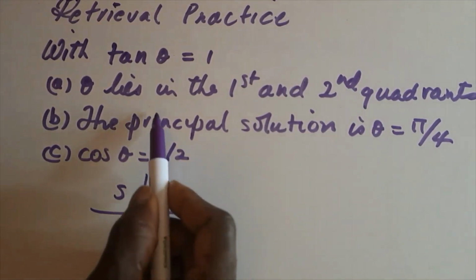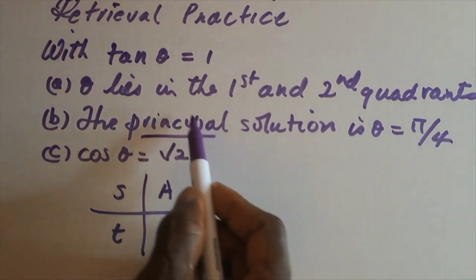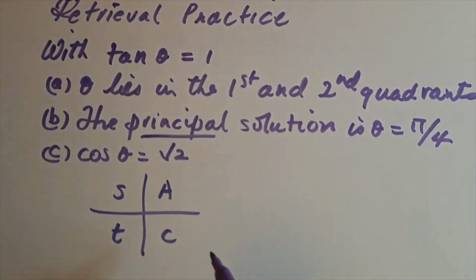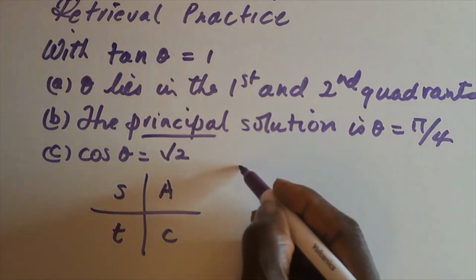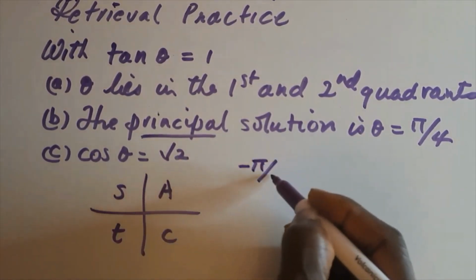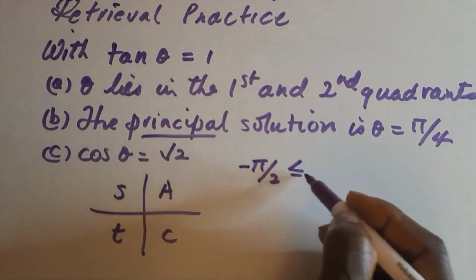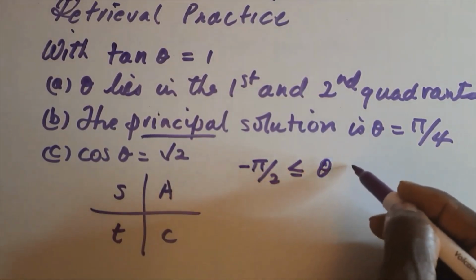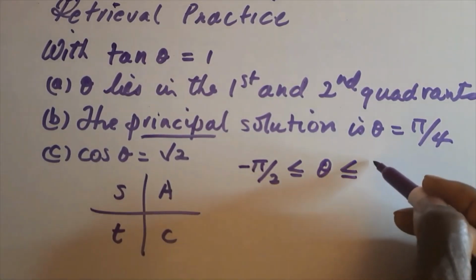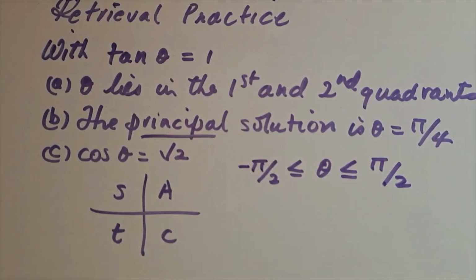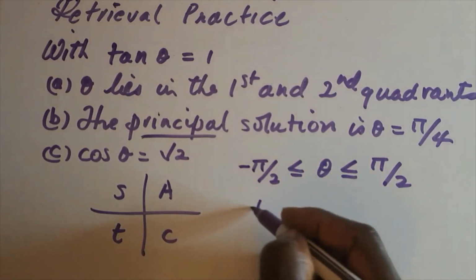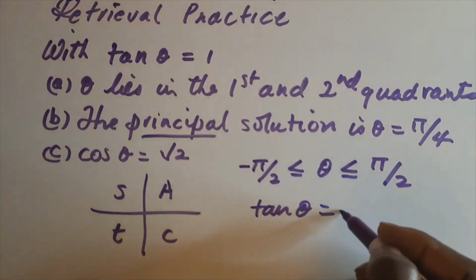This is key here, not just the solution, but the principal solution. What is the principal solution? Let's look at the definition for tan theta. This is the interval in which theta must lie, and there's only one solution for tan theta equal to t.